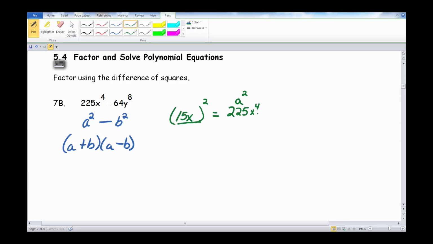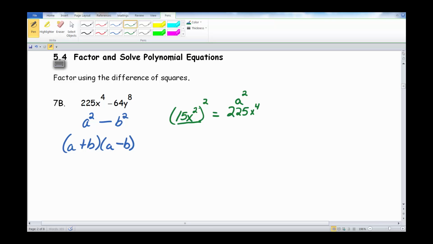Now, if you recall back to our 5.1 notes, we talked about properties of exponents. And we have to ask ourselves what exponent, when you square it, gives us x to the fourth. Well, that's our power to a power property, in which case, if you have an exponent raised to another exponent, you multiply those two exponents. And as a result, in order to get that 4, we would have to have a 2 as that exponent for x.